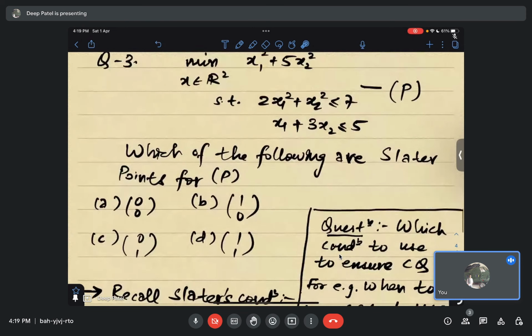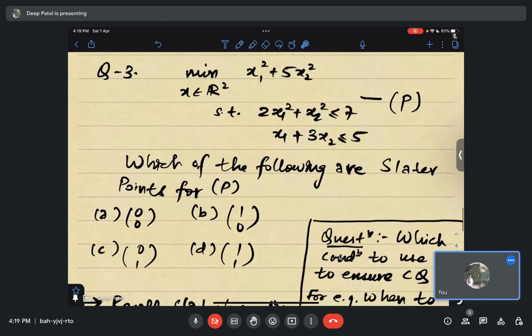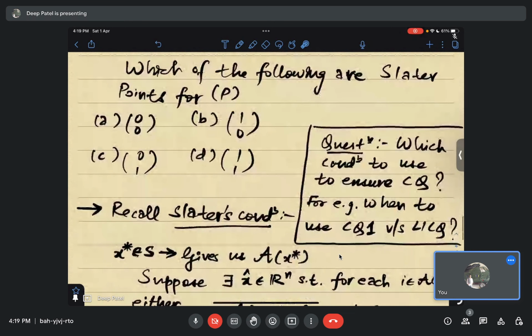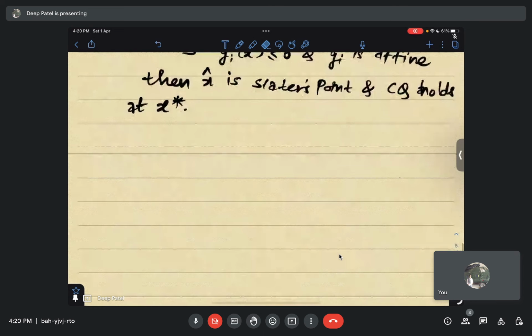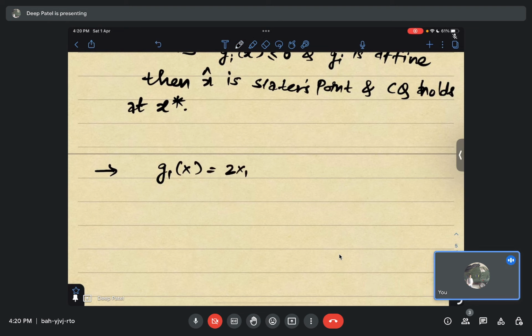Okay, so in this case, we just hope that it's either strictly less than 0 or less than or equal to 0. So for each of these points, what do we have? In case of A, it is 0 0. Let me maybe write. Here all are affine, so we only check the second condition, right? No, the first one is a quadratic case.